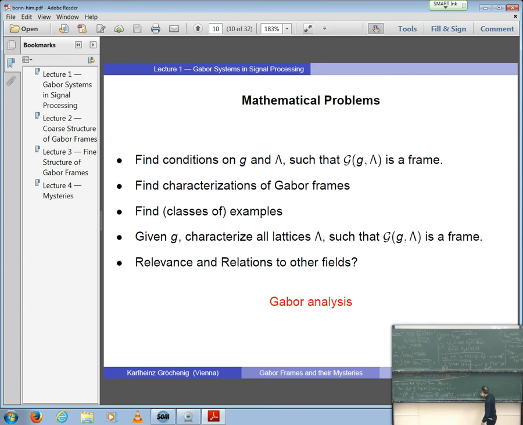This is true for all f. So let's omit the f. If you omit the f, what's here is the identity operator equal to the volume of lambda inverse, and here we have the sum over mu in the adjoint lattice of gamma pi mu g times the time frequency shift.